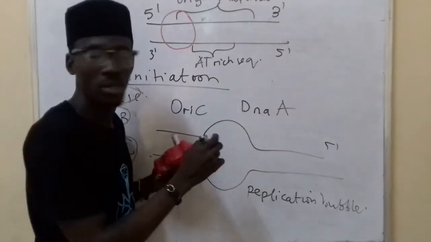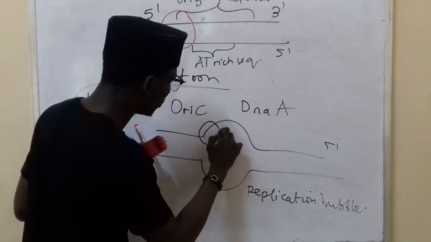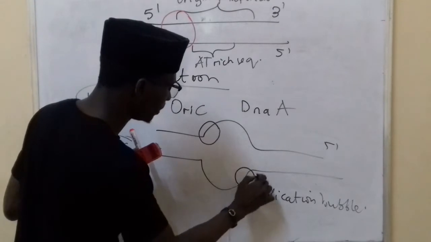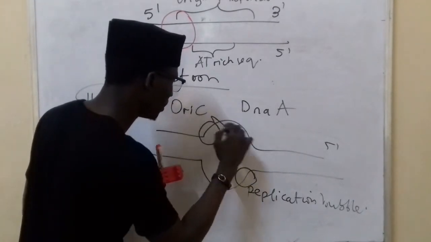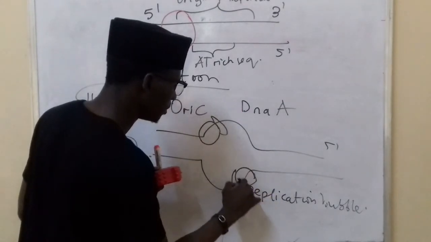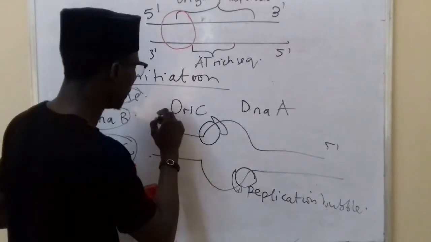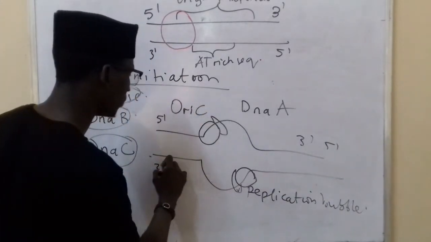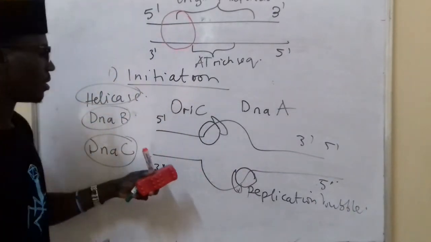So imagine helicase comes here. Alright, helicase coming here, and probably you have the helicase loading protein somewhere here. So helicase is loaded onto the DNA, and then it can move along the 5' to 3' region, the 3' to 5' region. Do you get this? Okay.